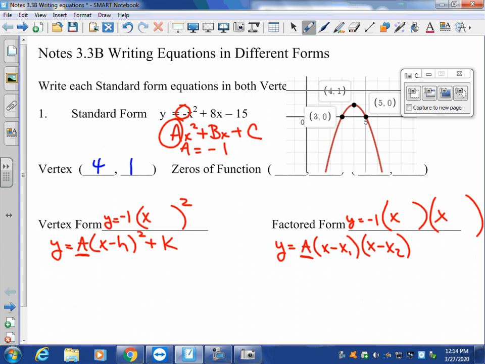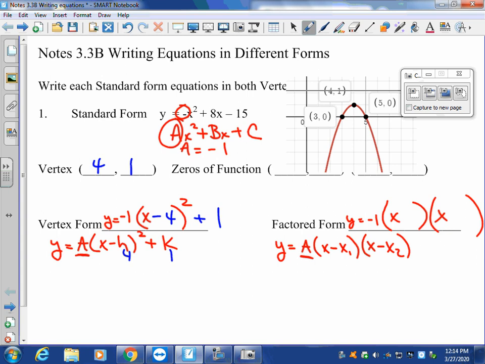And my vertex form, let's talk about how you put it in. So this h, where it says x minus h, you just make the x value look the opposite of what it does right now. So it looks like x minus 4. That way it looks like I put +4 right here in this formula where the x minus was. And for the k, you just put it on the end. +1 would be putting that value in for k right here.